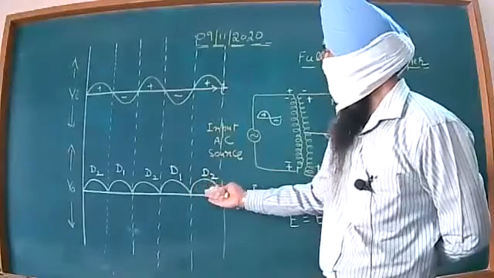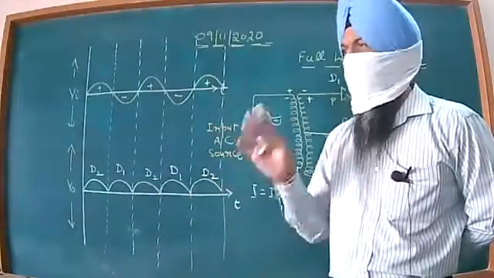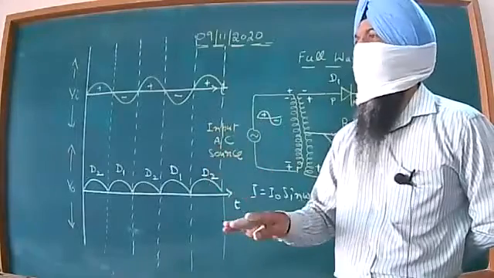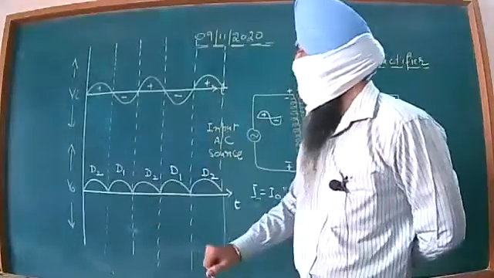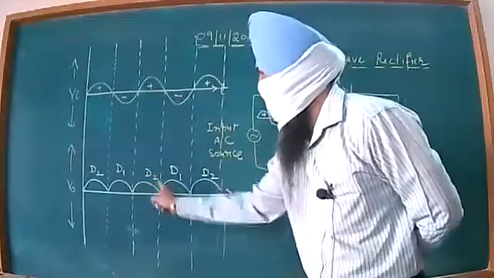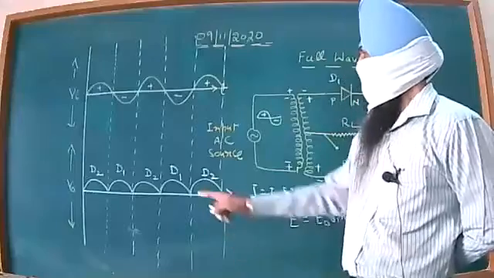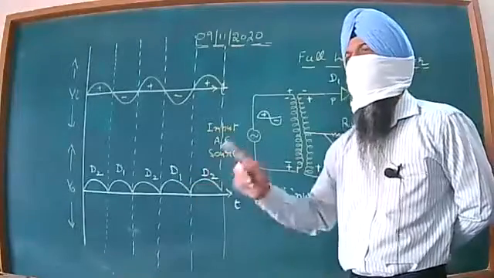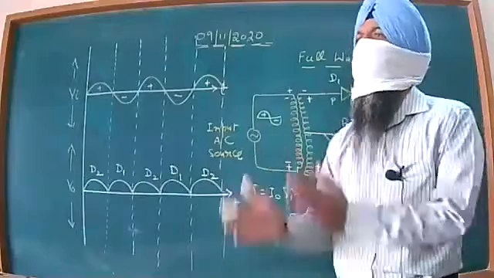But here the DC, that is the direct current, is constantly varying. No doubt it is not at all becoming negative. It is not having so much AC components present in it, but even then they are present because of this variation. So before using this DC, it needs to be refined or modified.